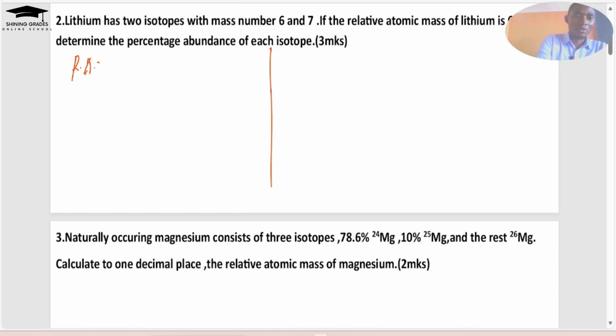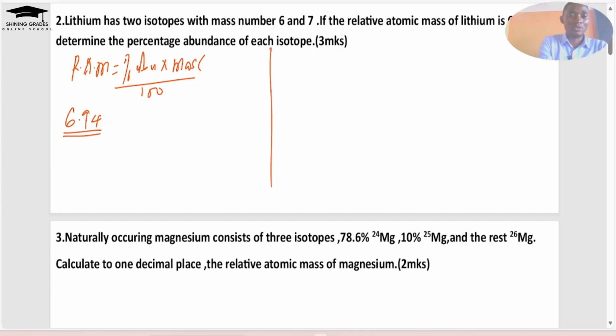Relative atomic mass is equals to percentage abundance multiplied by the mass of the isotope divided by 100. We are already given the masses of these isotopes. We are also given the R.A.M of these isotopes as 6.94.